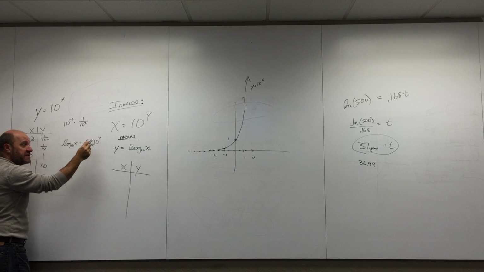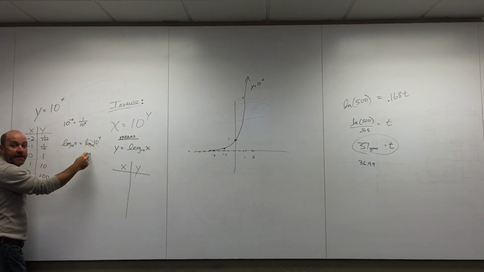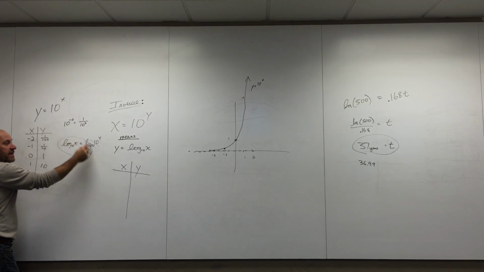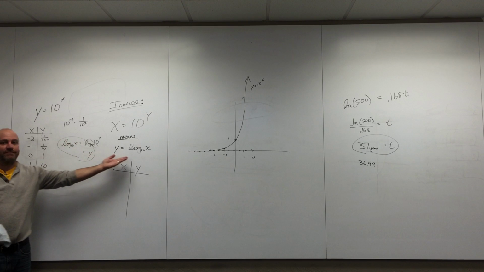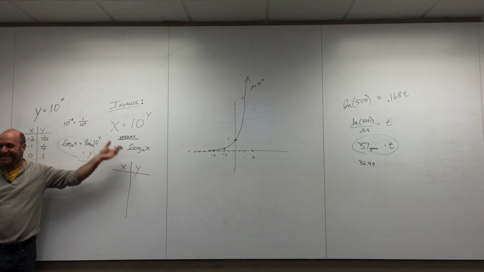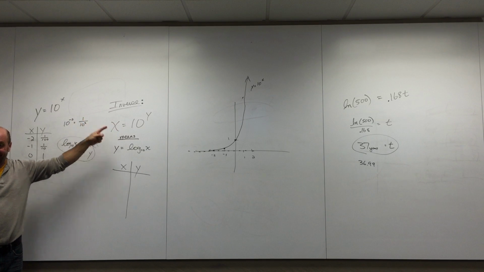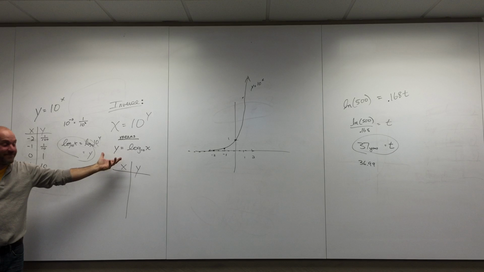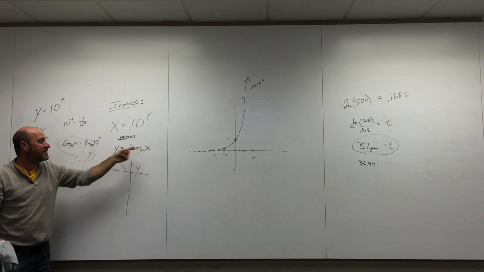They cancel each other out, and I get y. So this is what I did, and then I wrote it backwards, if you don't mind. Did that confuse you? I took the log base 10 of both sides, then I just wrote it backwards. I wrote him on this side, wrote him on this side.